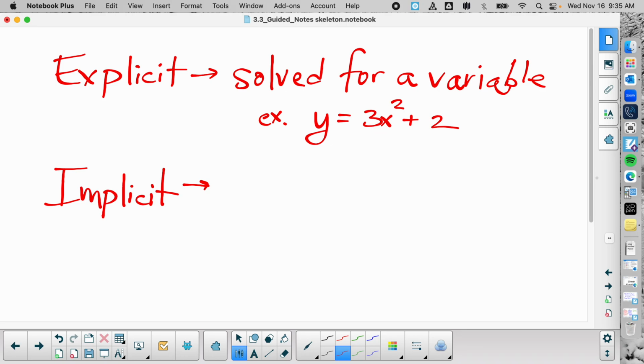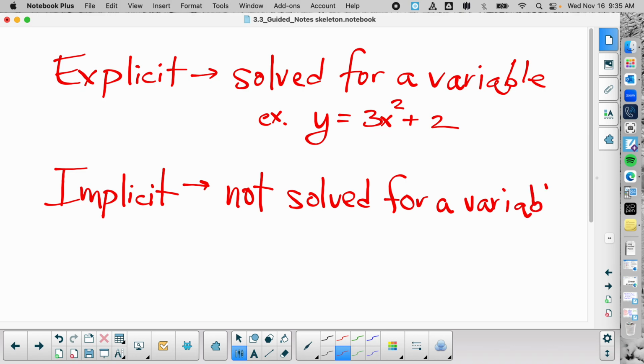So implicit functions is when it is not solved for a single variable. Probably the easiest and most common example is a circle. A circle equation isn't solved for x and y because a circle isn't a function. Most of the time, explicit notation is function notation.